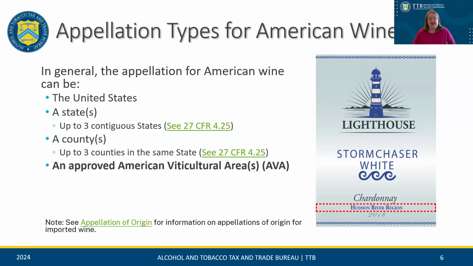If you plan on using a multi-state or a multi-county appellation of origin on your wine label, please see Section 4.25 of our regulations for some more information on that topic. And the final type of appellation of origin for American wine is an approved American Viticultural Area, or AVA. And you can see one highlighted on the sample label right here.